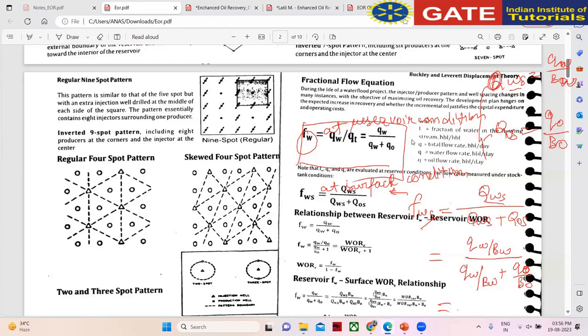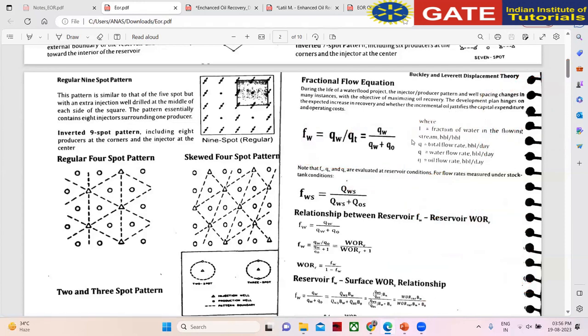Using this formula, FW has a relationship with the water oil ratio. So what is the water oil ratio?